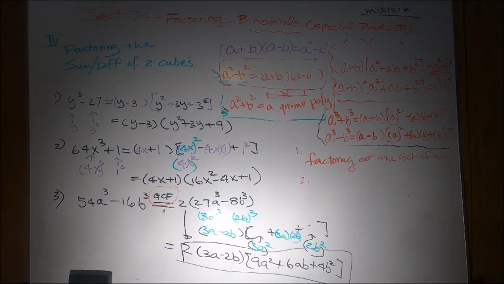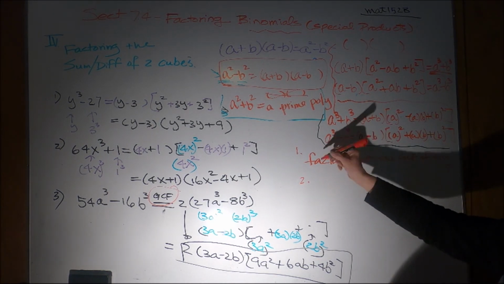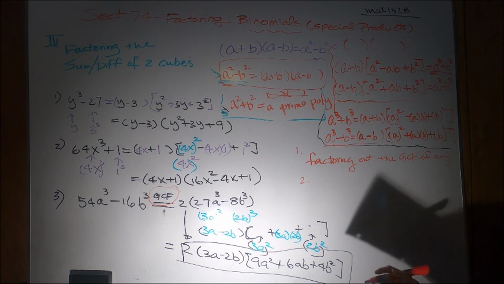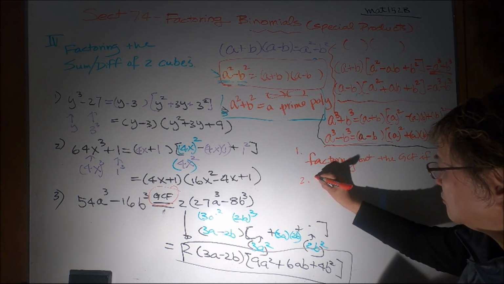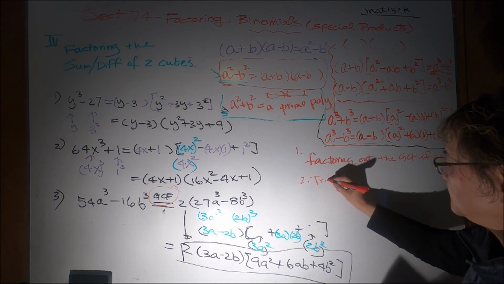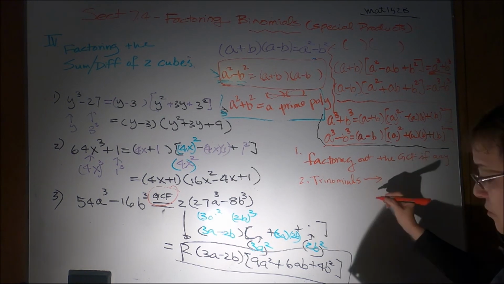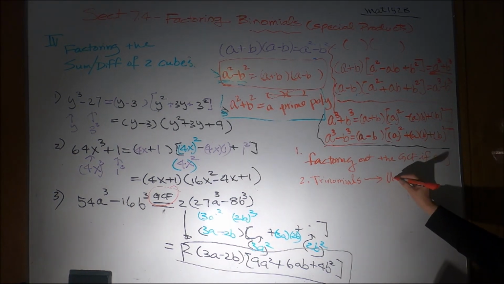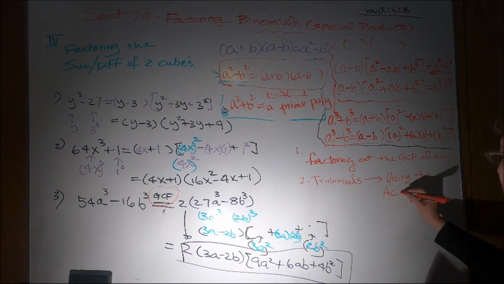Then it's binomials. It's not like trinomials, where you can do the AC method and grouping to find the answer. You have to rely on the formulas, okay? So if it's a trinomial, you can use the AC method, right?